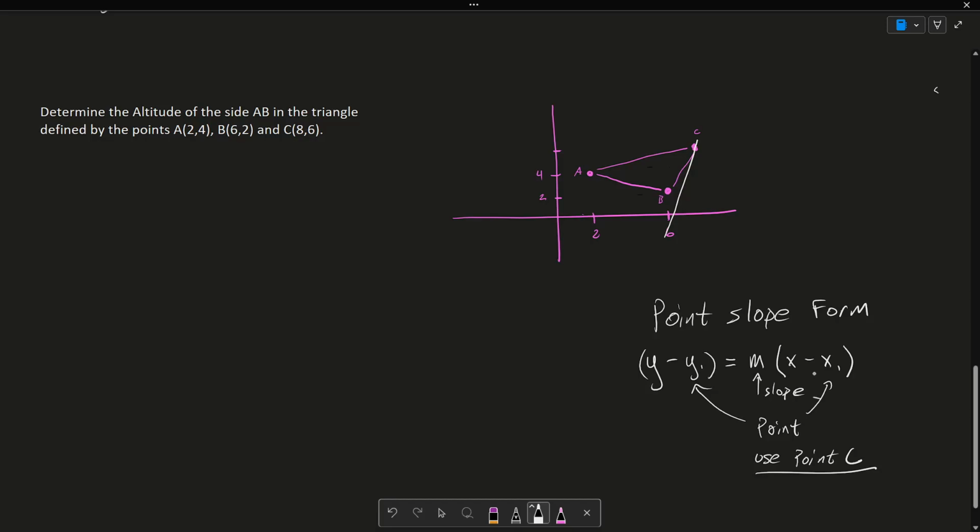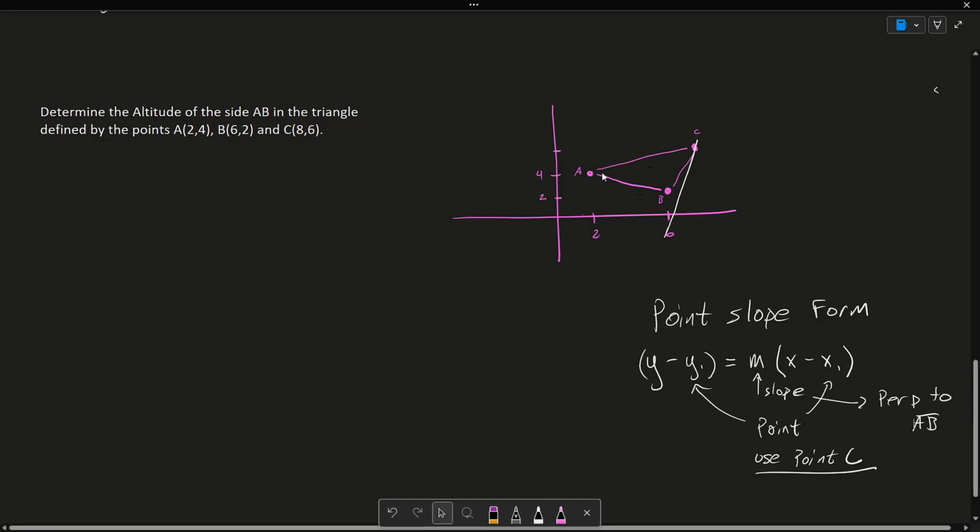I have to use the slope that is perpendicular to the AB slope. That's the whole definition: it's perpendicular to AB and it goes through C. So the point-slope form is a perfect line structure to quickly and easily get an altitude.